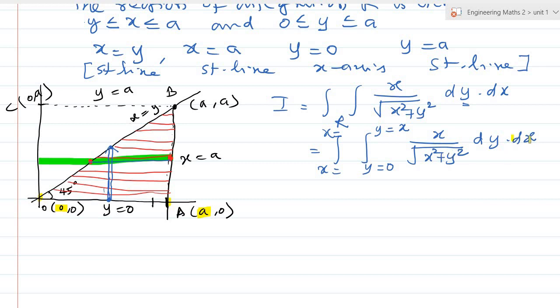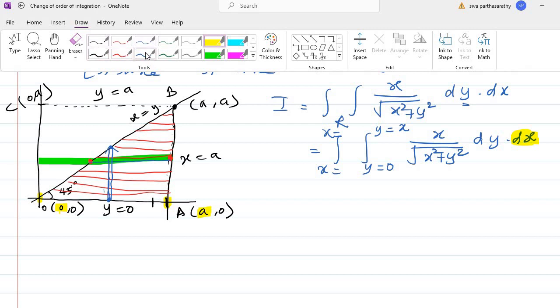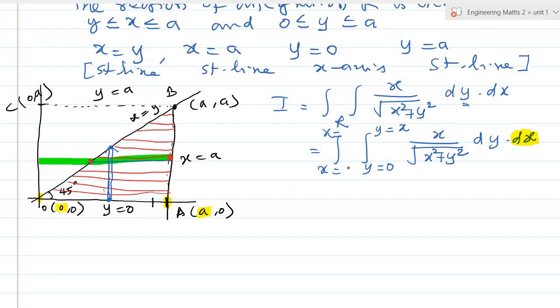For the outer integral, we know the outer integral variable should be constant. Therefore, from the axis, what is the starting point and what is the ending point of the region? It is from 0 and ending with a. Therefore, x equal to 0 to x equal to a. Okay, fine. So this is the value we get after changing the order of integration.